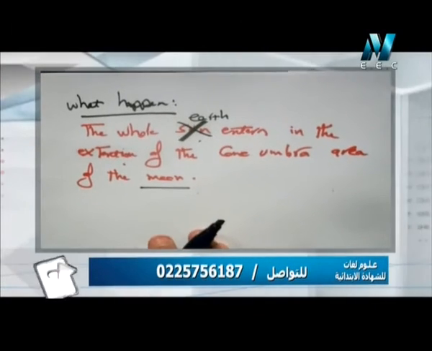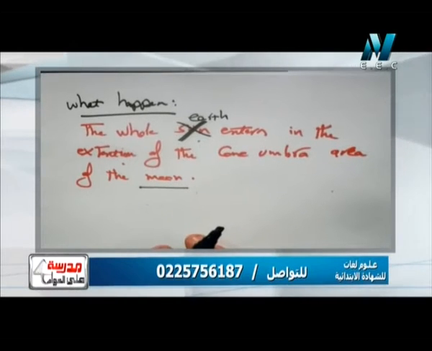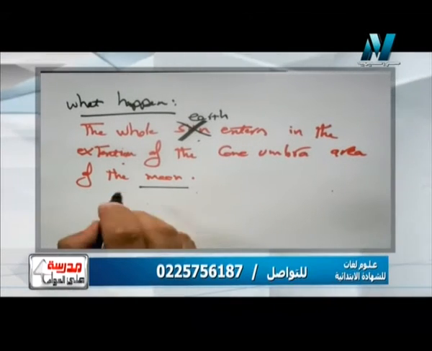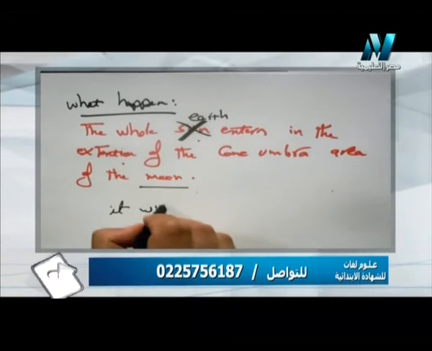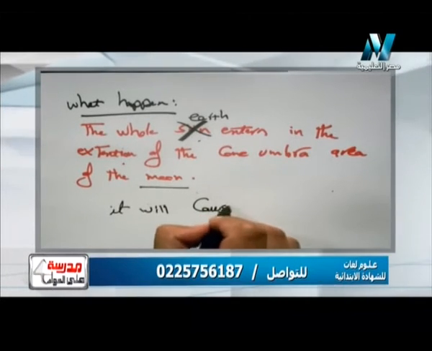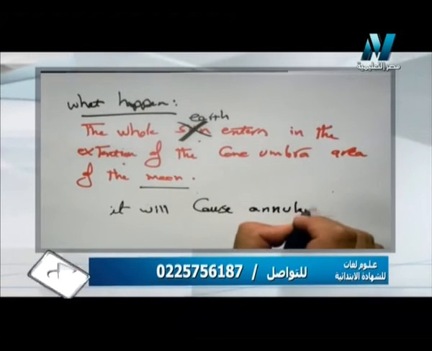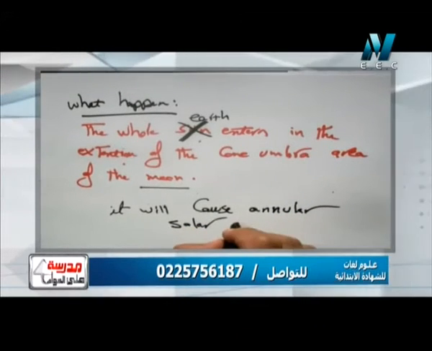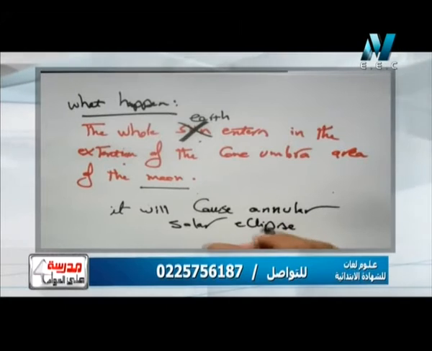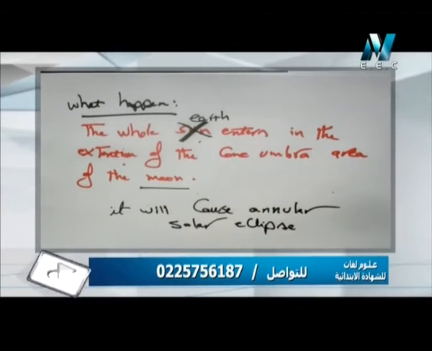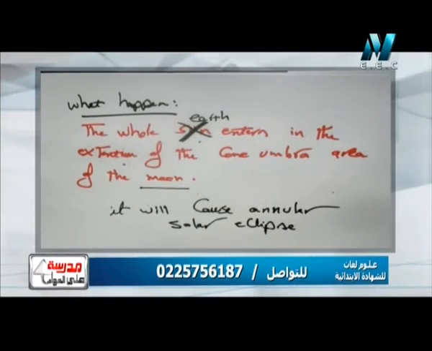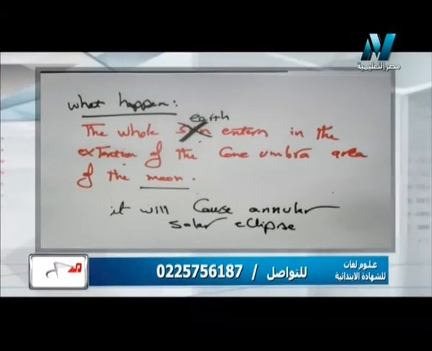So if the earth enters the extension of the cone umbra area of the moon, it will cause an annular solar eclipse. But here I must notice that it is the whole earth, not the whole sun. The sun is impossible to be between the earth and the moon, Mr. Yasser.